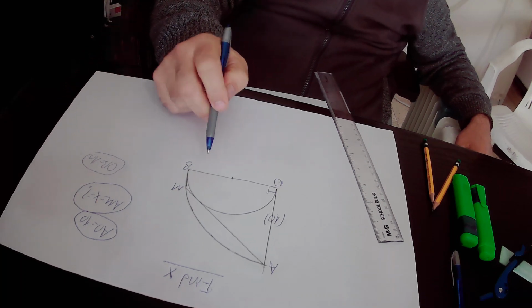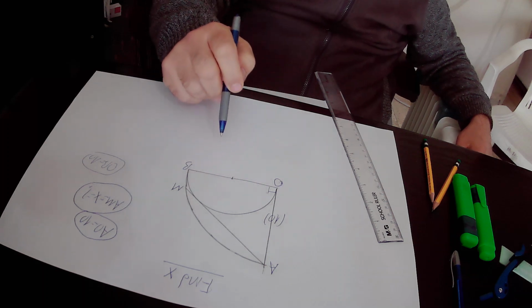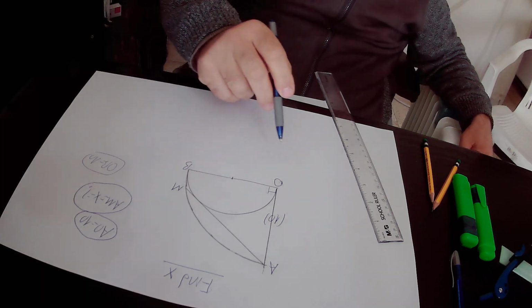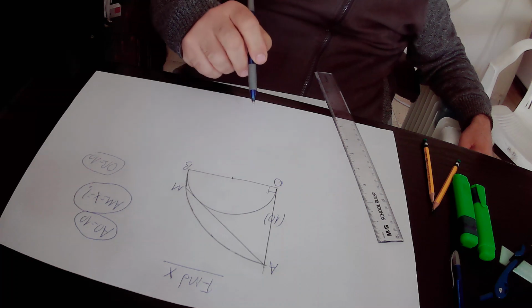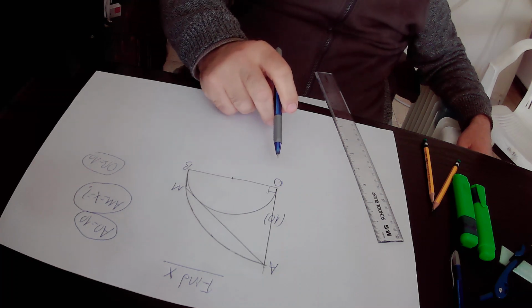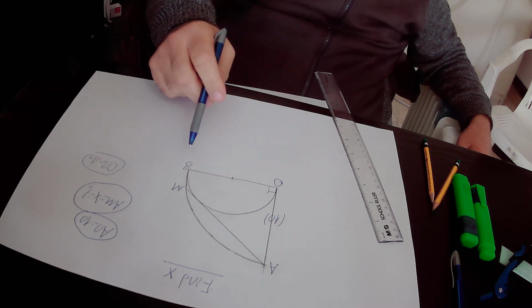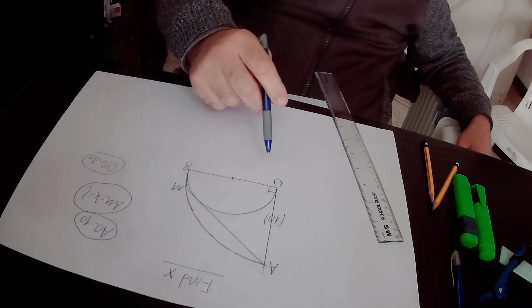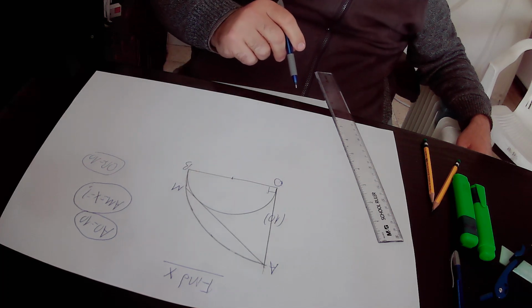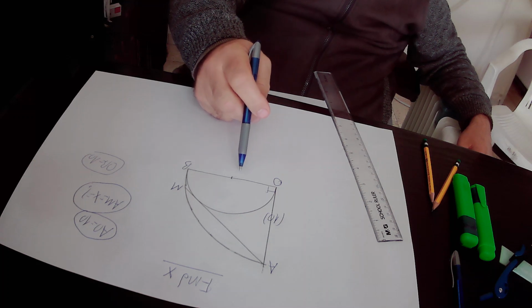OB is not only the radius of this quarter circle, but it is also the diameter of this semicircle. So the diameter OB of this semicircle equals 10 units. Therefore, the radius of this semicircle will be equal to 10 over 2, that is 5.